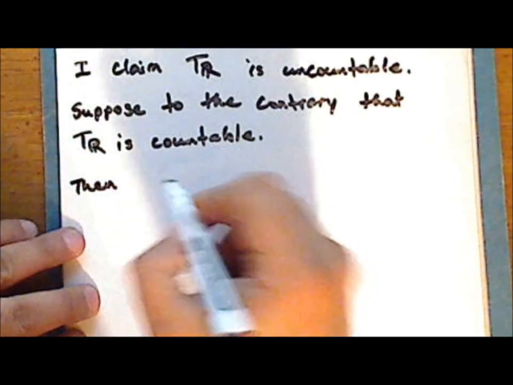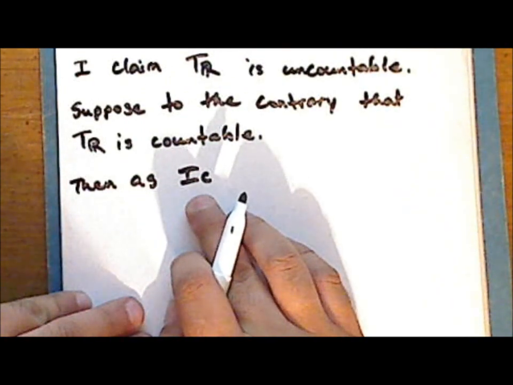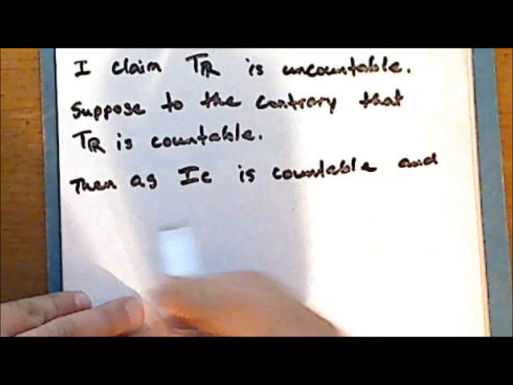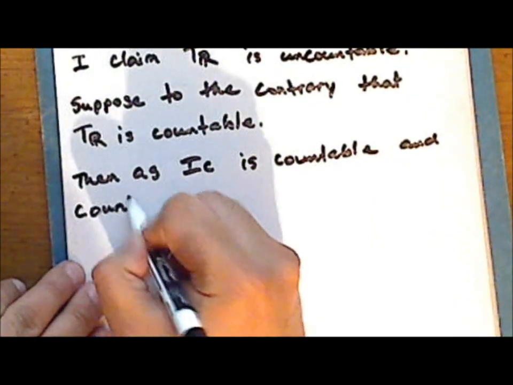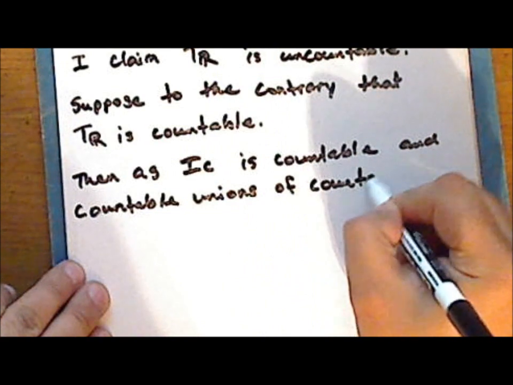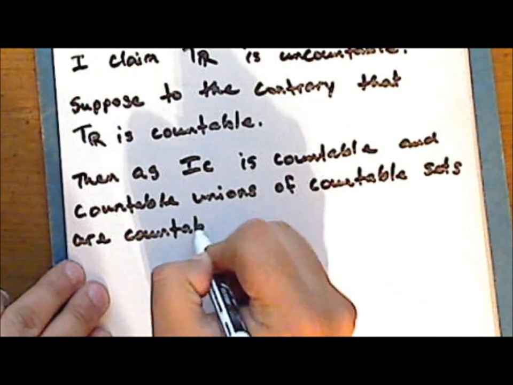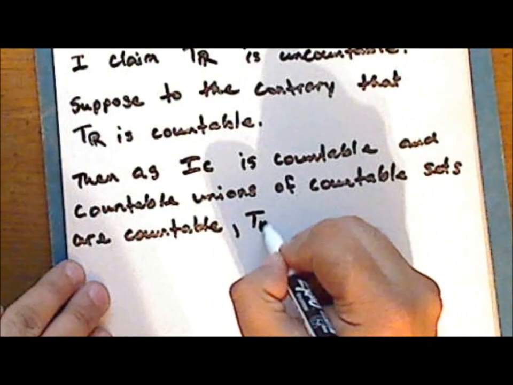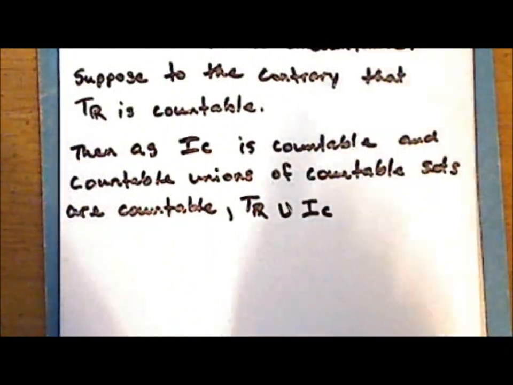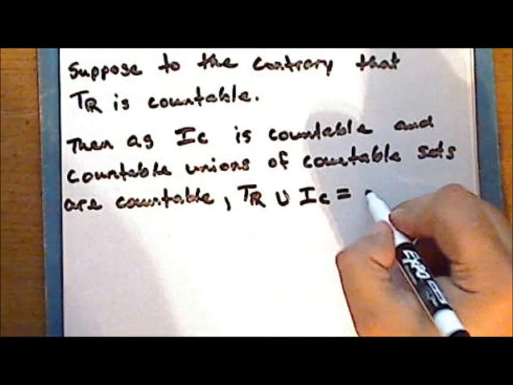Then, as the set of irrational numbers that are algebraic is countable, and we know that countable unions of countable sets is countable, we have that the transcendental numbers, which we're assuming to be countable, in a union with those irrational numbers which are algebraic, which is a countable set, gives us all the irrational numbers.